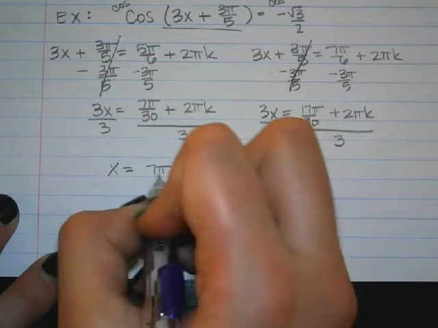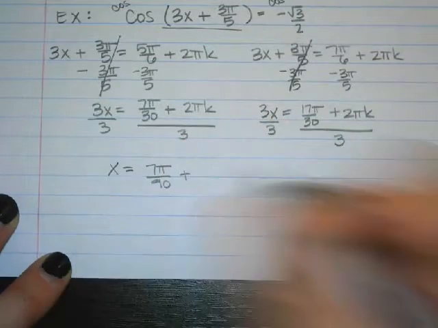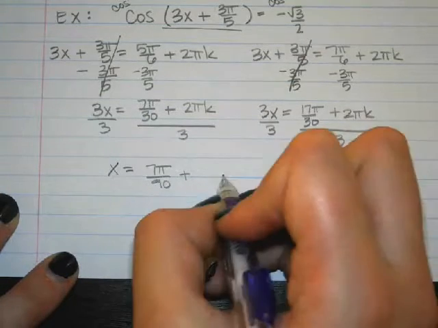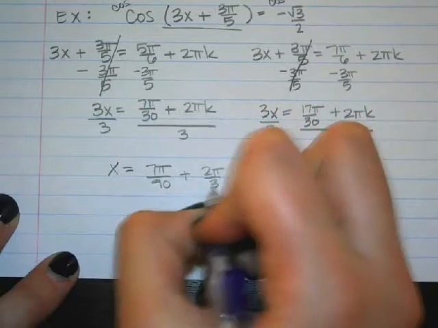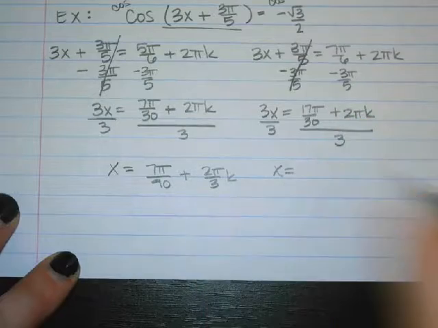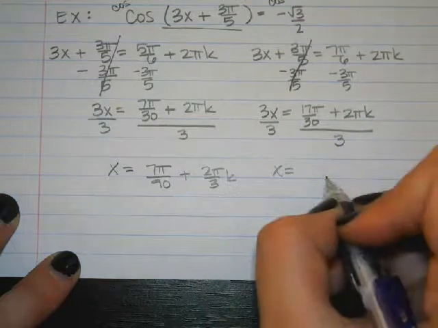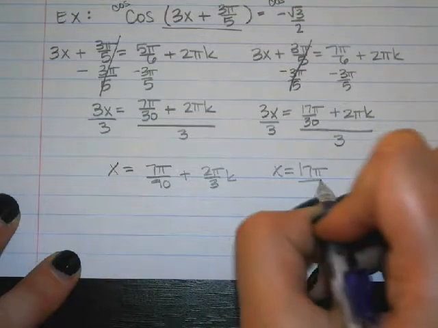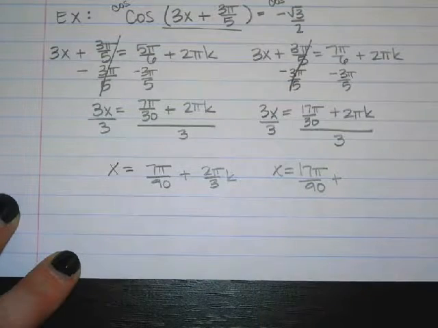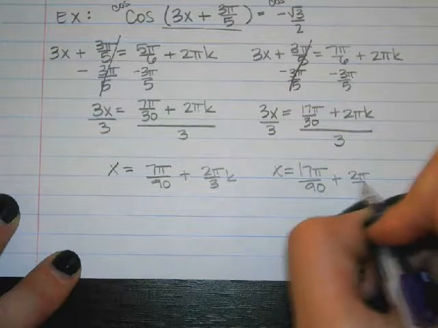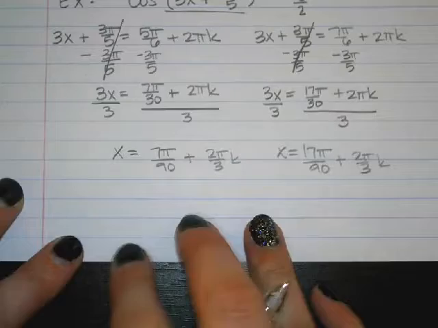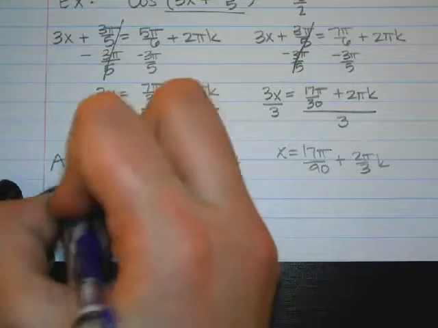Ooh, that looks bad. Plus 2 pi thirds k. X equals 17 pi over 90 plus 2 pi thirds k. All right, so that is our all solutions answer.